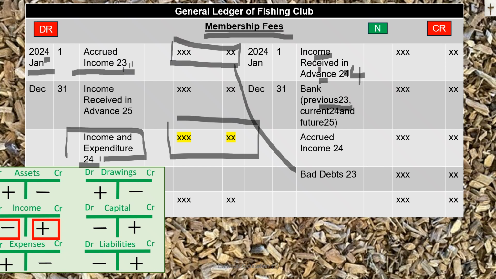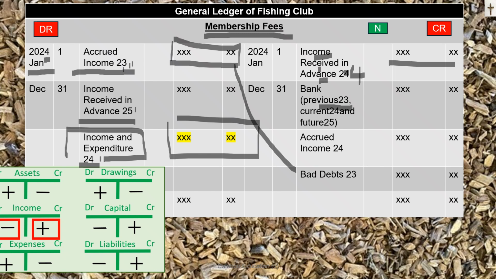So the income received in advance in 2023 is brought into the correct period in 2024 at the start of the financial year. Then we're going to determine in this year as well income received in advance, which means we've received income in 2024 that relates to 2025.